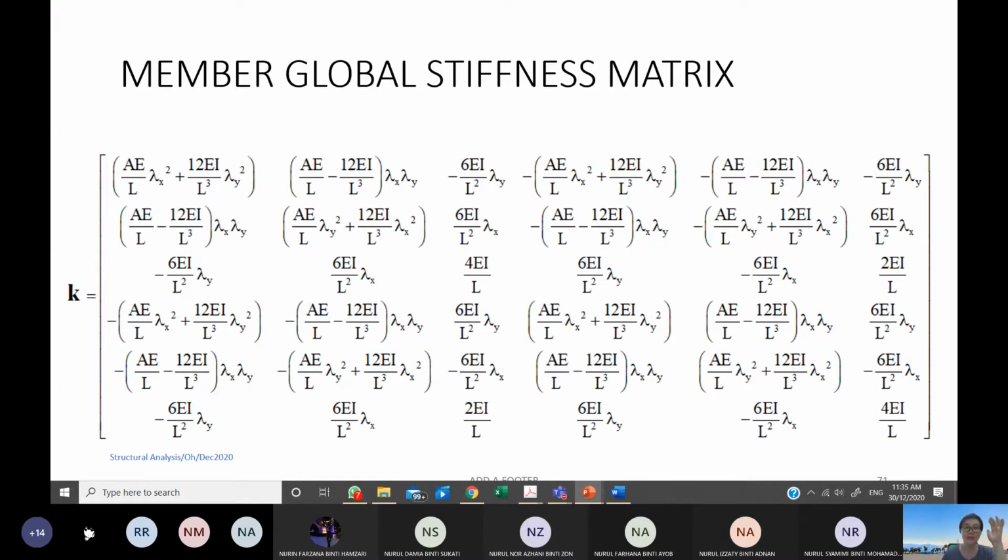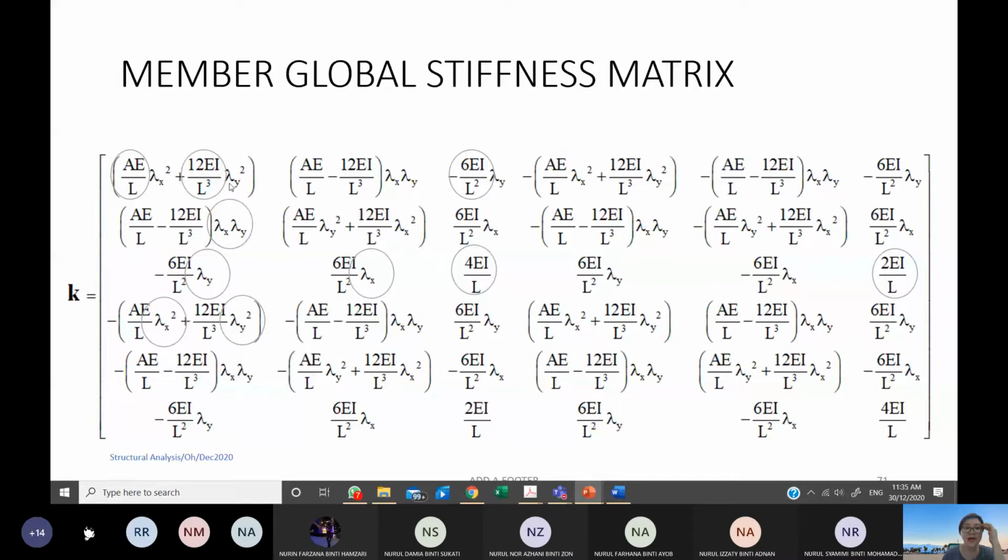If you look at this template, there are a few highlighted elements. For example, AE over L, 12 EI over L cubed, lambda X, lambda Y, 6 EI over L squared, 4 EI over L, 2 EI over L, lambda Y squared, lambda X squared.